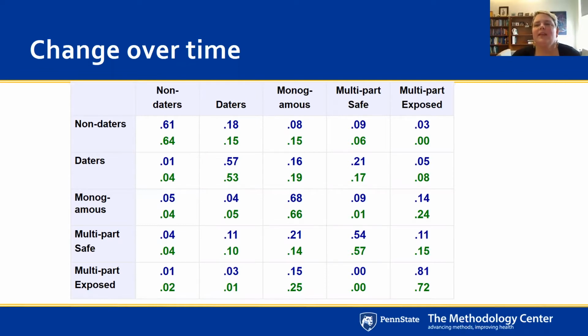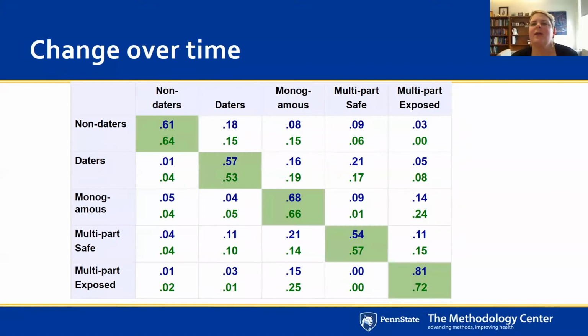Well, one way that I like to do this is I like to start by understanding across the entire transition matrix how many people are actually transitioning in their class membership. So you might start by looking at what I refer to as the stability parameters, and those are the probabilities down the diagonal. Here they're highlighted in light green.